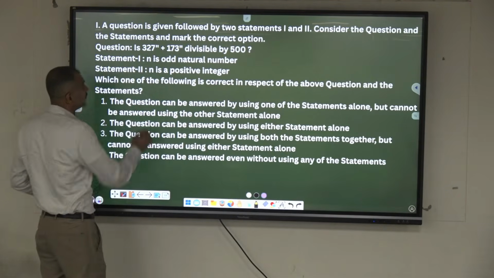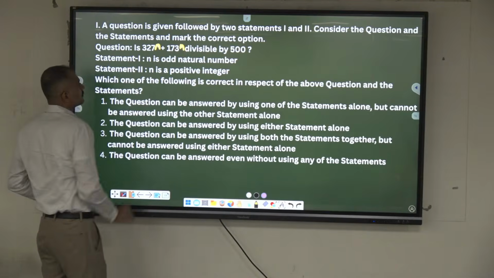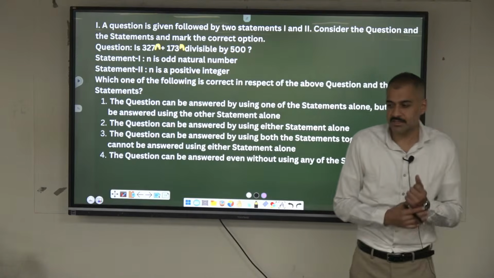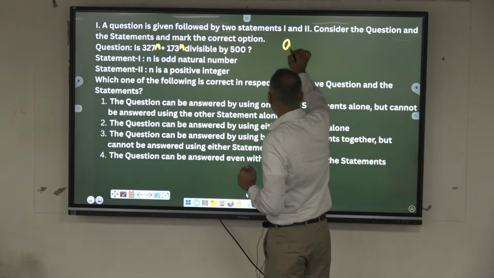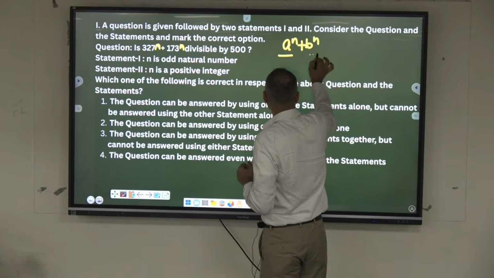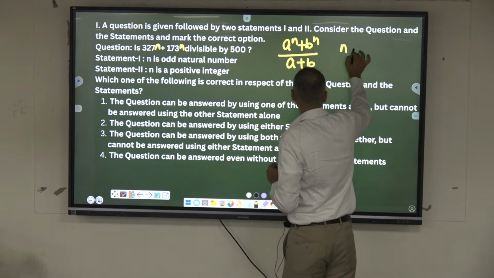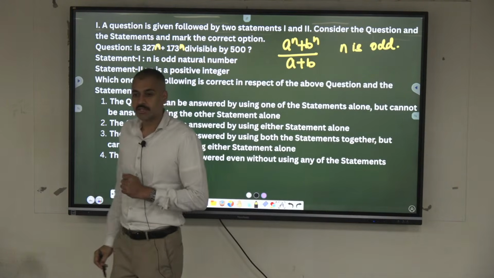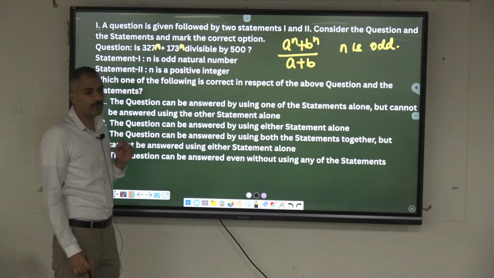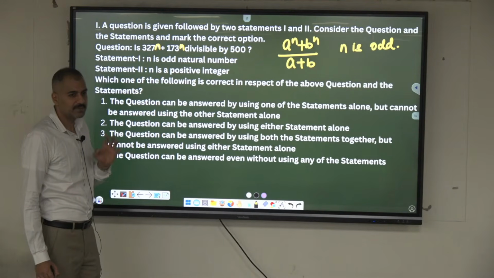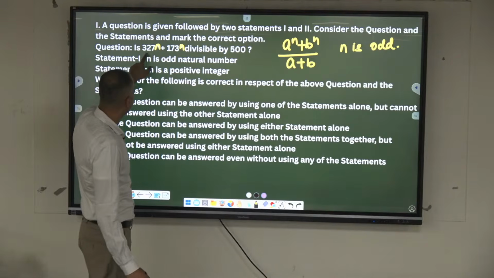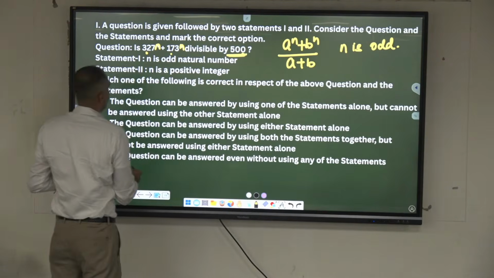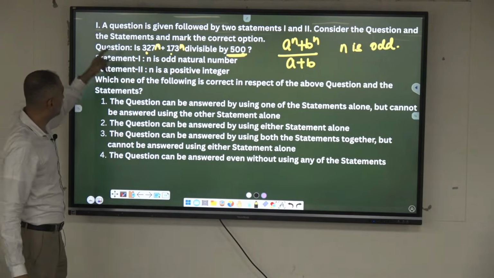Remember the common factors from the last class? A power n plus b power n is always divisible by a plus b when n is odd. Is the n odd? Yes. It has to get divided by what? A plus b. What is the value of a plus b? 327 plus 173 is what here? 500. Is it divisible by 500? Now it is divisible.